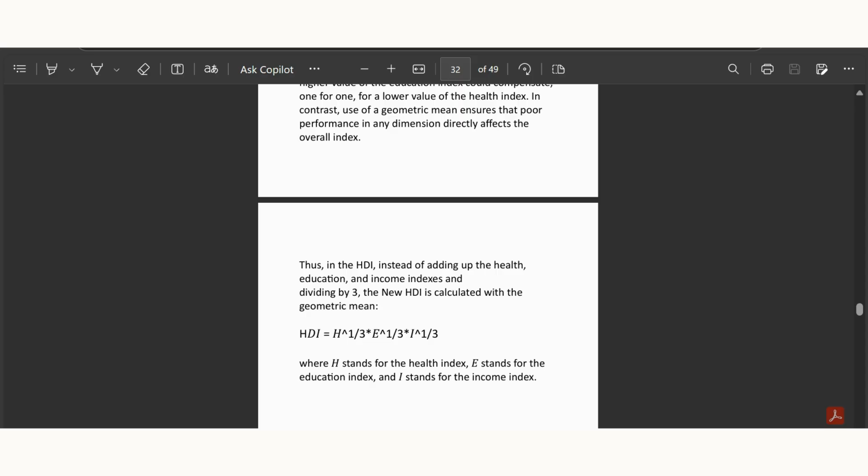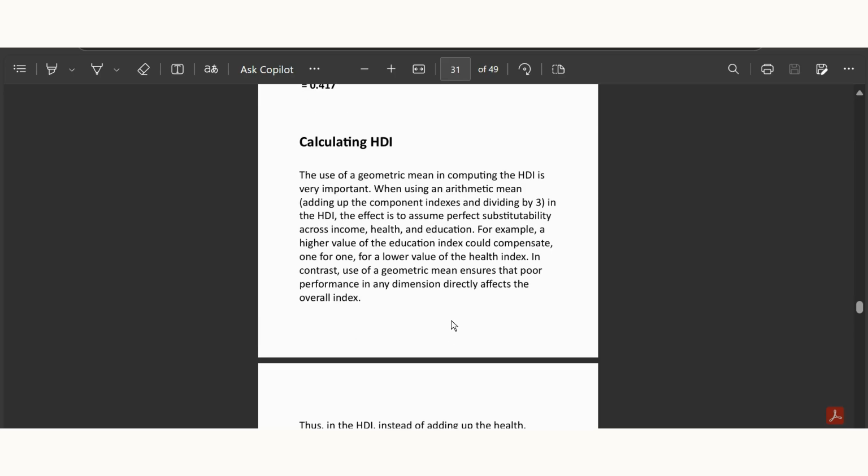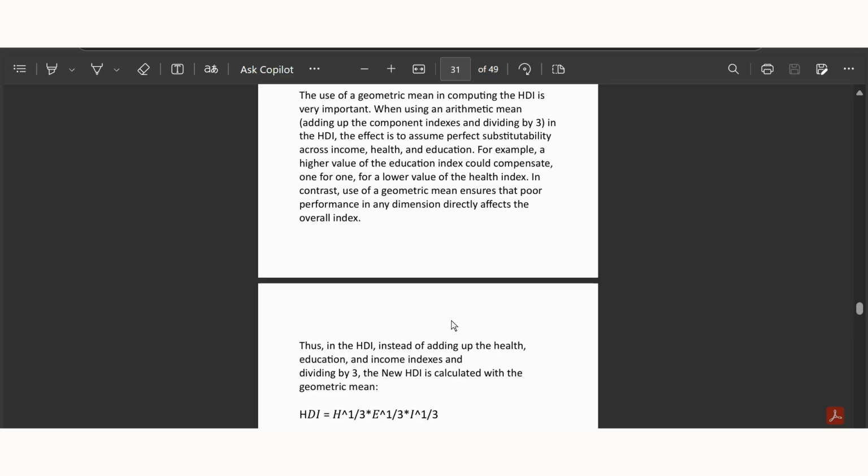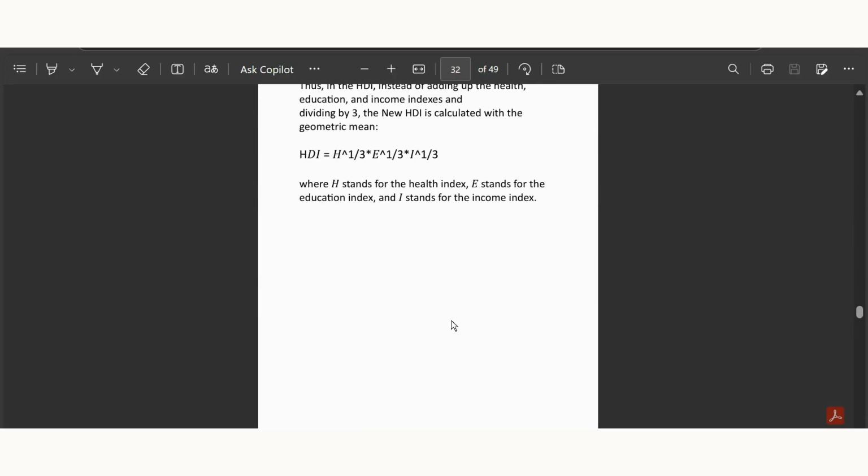So HDI equals h to the power 1/3 multiplied by e to the power 1/3 multiplied by I to the power 1/3, where h stands for the health index, e stands for the education index, and I stands for the income index. That was how we calculate HDI.